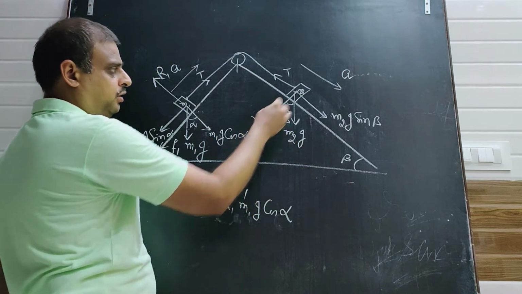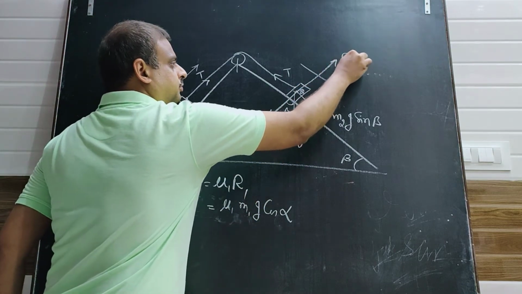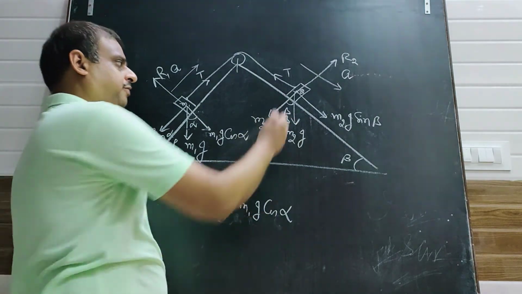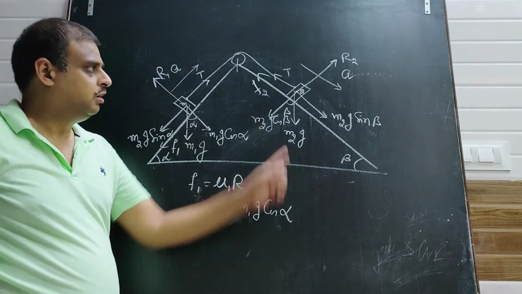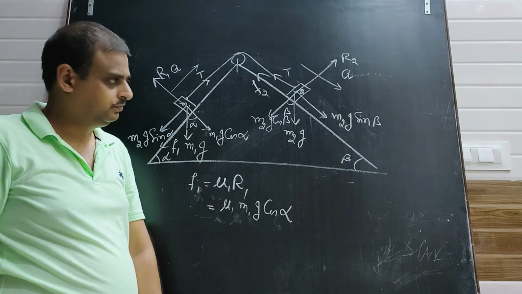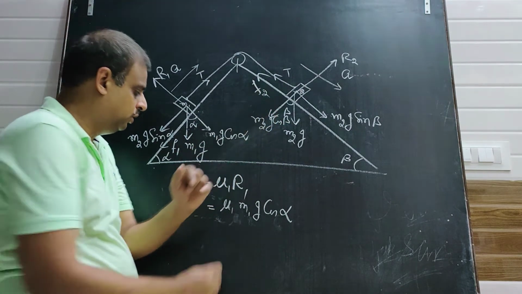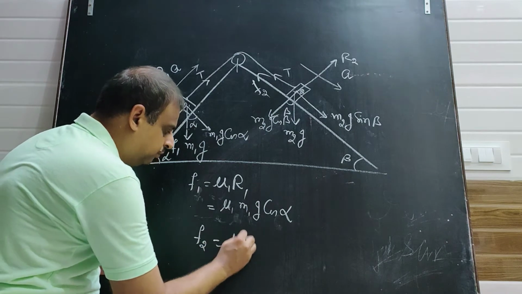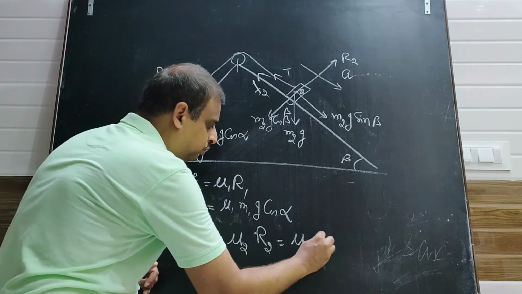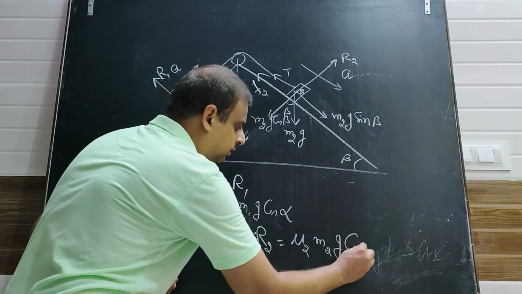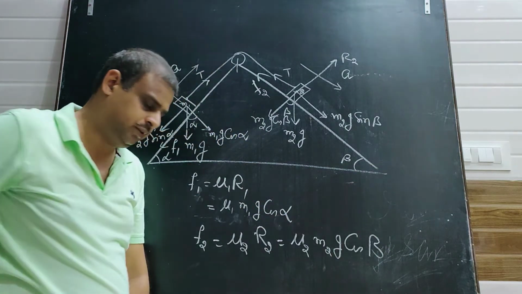This is the value of R2, because definitely the force of friction will act in upward direction between the block and its surface, and for that F2 will be equal to mu2 R2, and that will be equal to mu2 m2g cos beta.